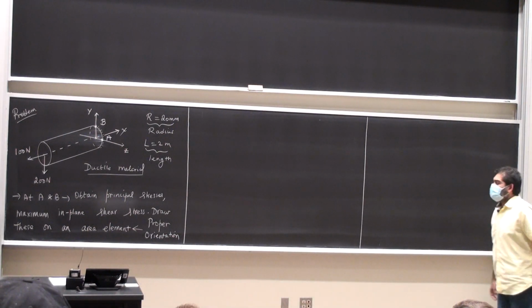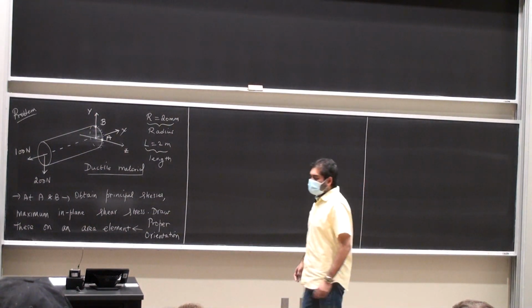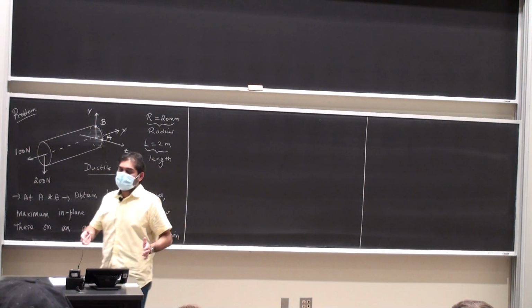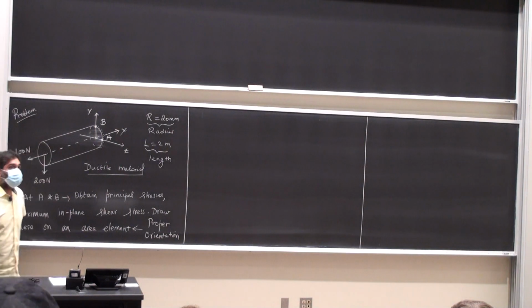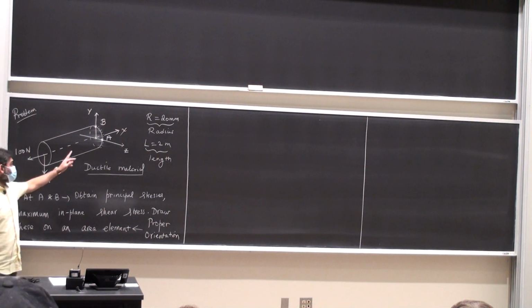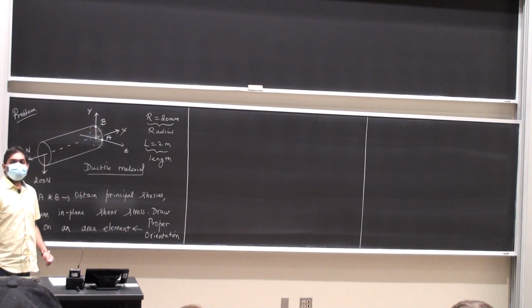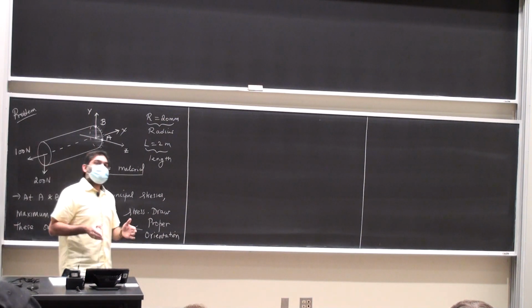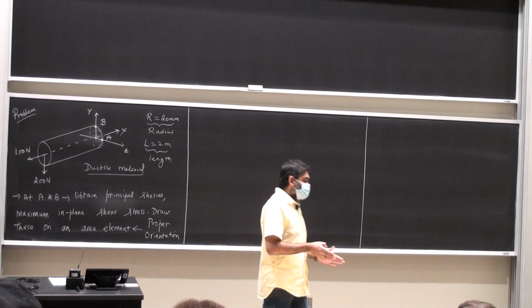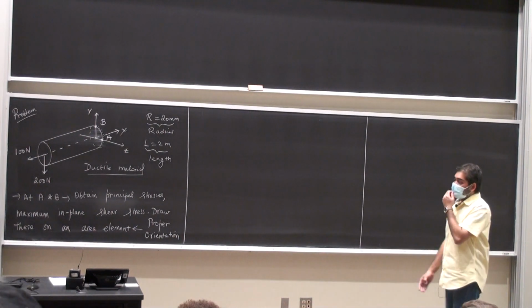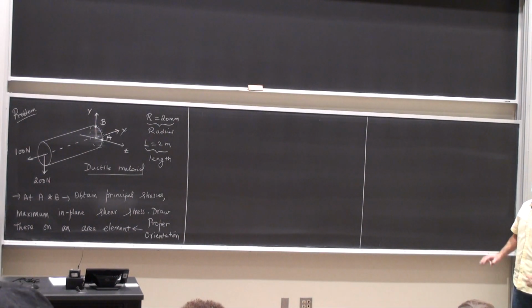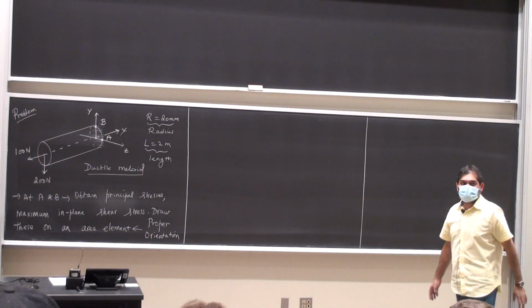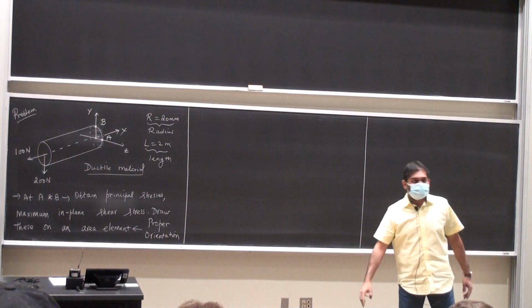The question is, what's important about points A and B? Perhaps somebody has done an experiment and figured out that most probably failure is going to be initiated at one of those 2 points. Which point could it be? We will not go into the details of how the failure is initiated and the failure theories that go with it, but these are the steps that you take before you hit the last part, which is the failure theories part, which is not a part of ME 2020.